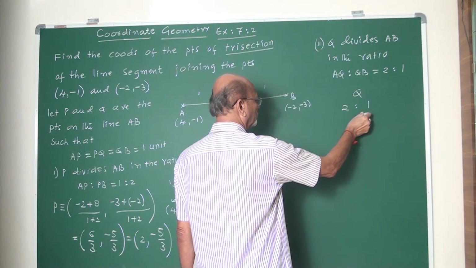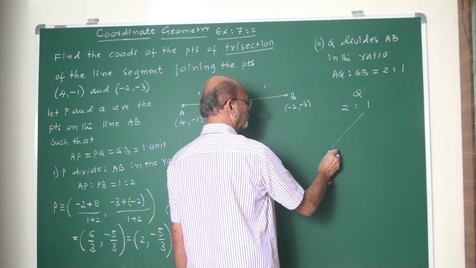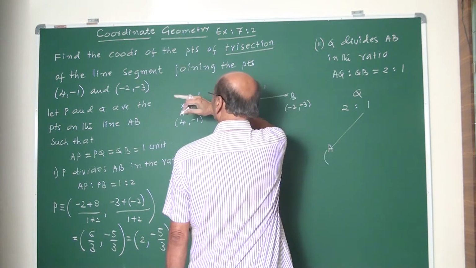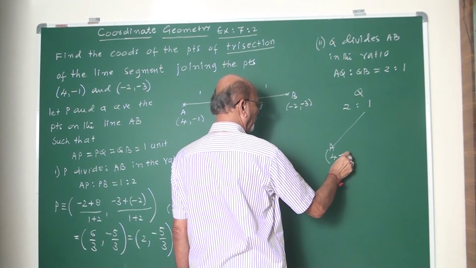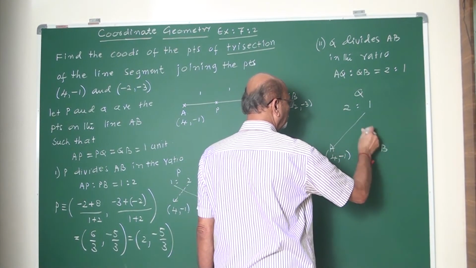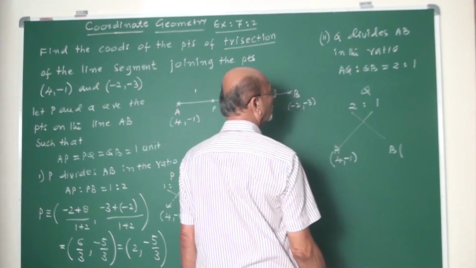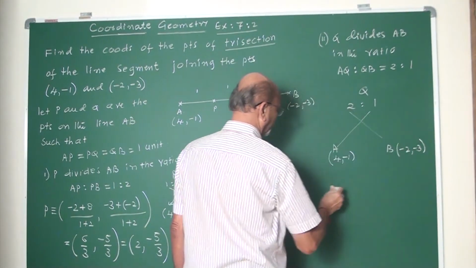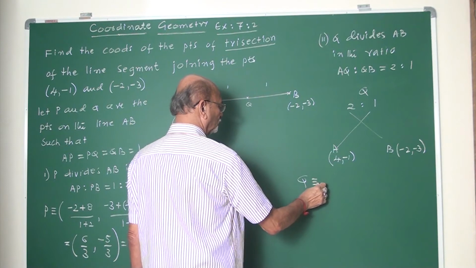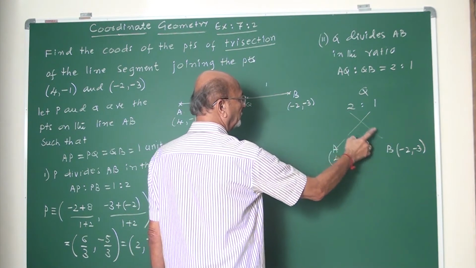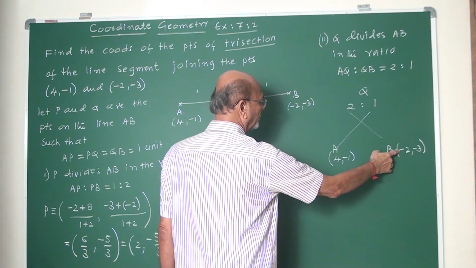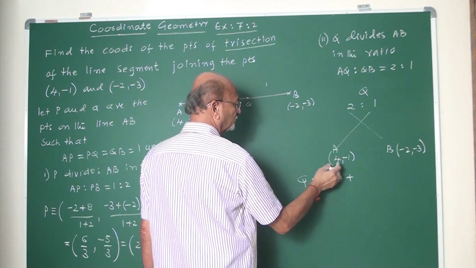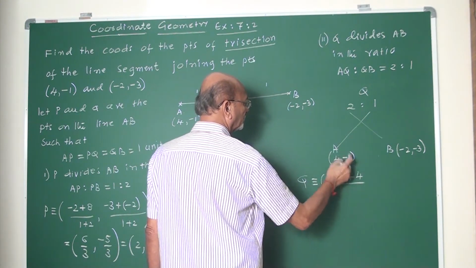Write the first point A. What are its coordinates? A is 4, minus 1. B is minus 2, minus 3. Now write the coordinates of Q. The x-coordinate is (2 times minus 2 plus 1 times 4), the denominator is 2 plus 1.